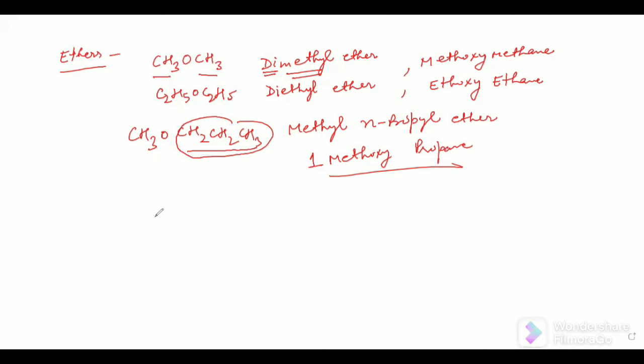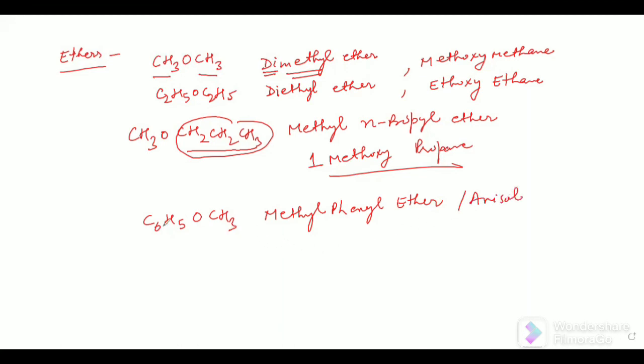Next example is C6H5OCH3. The common name of this compound is methyl phenyl ether, and it is also called anisole.